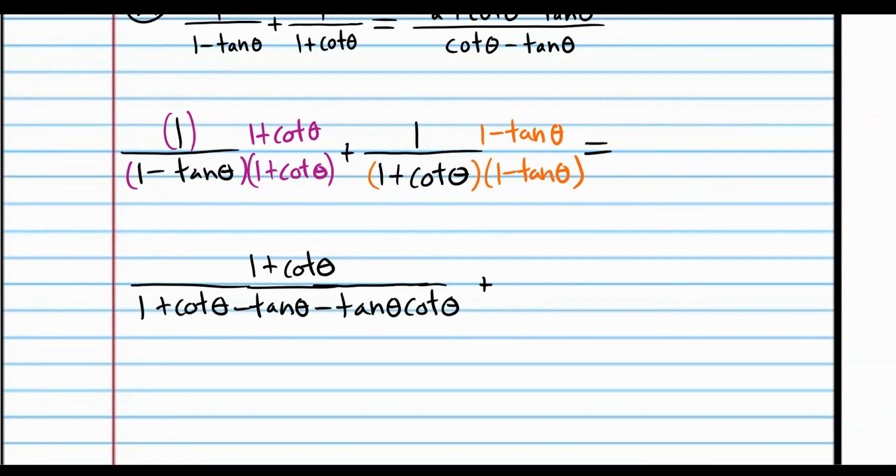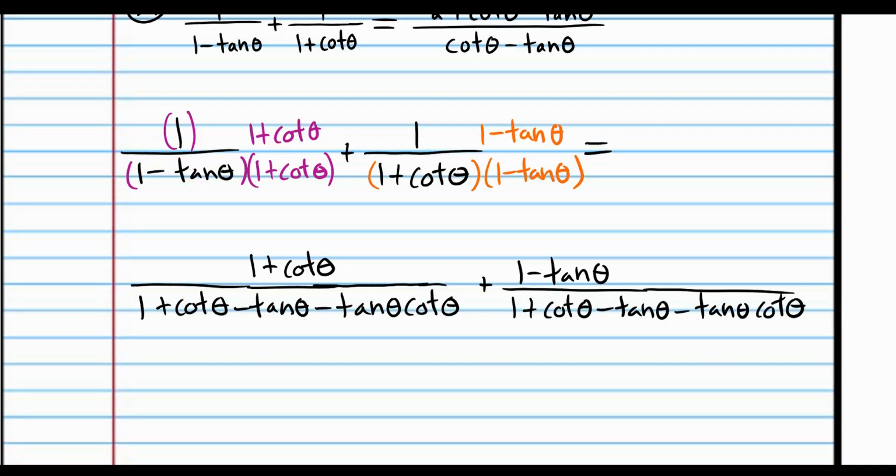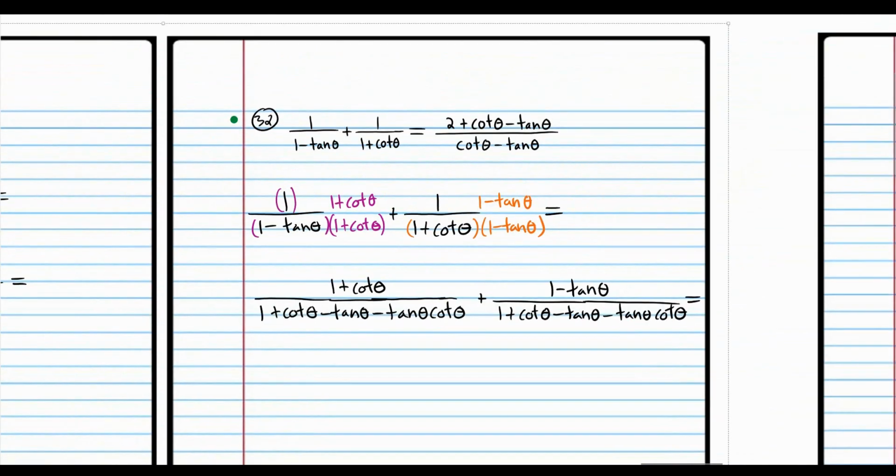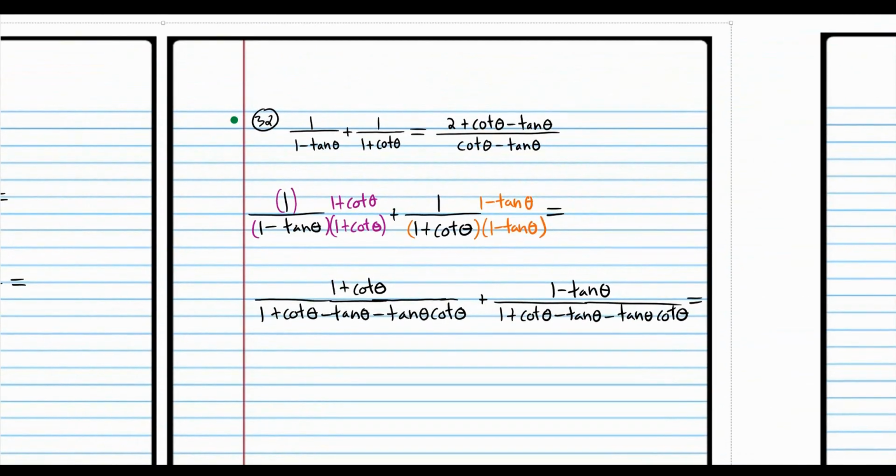And the second fraction we get 1 minus tangent theta over the same thing. 1 plus cotangent theta minus tangent theta minus tangent theta cotangent theta. And the equal sign again signifies that we're staying on the left side of the equation, even though we're having a hard time lining up the equal sign, as you can see.